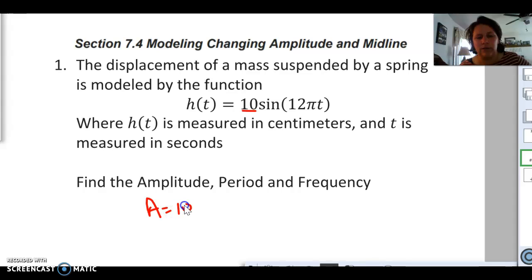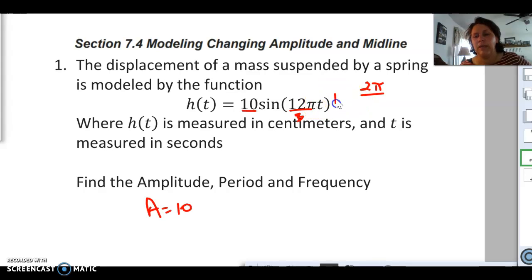So amplitude equals 10. And then our period is going to be 2 pi over b. So be careful with that. A lot of people, I noticed on the last test, are still kind of confused about this b value versus period value. So this is our b value here, the 12 pi.